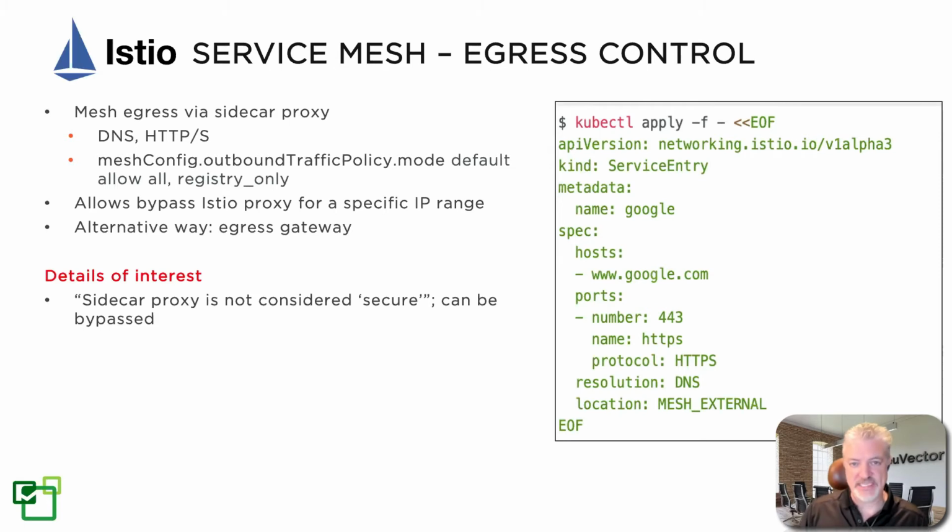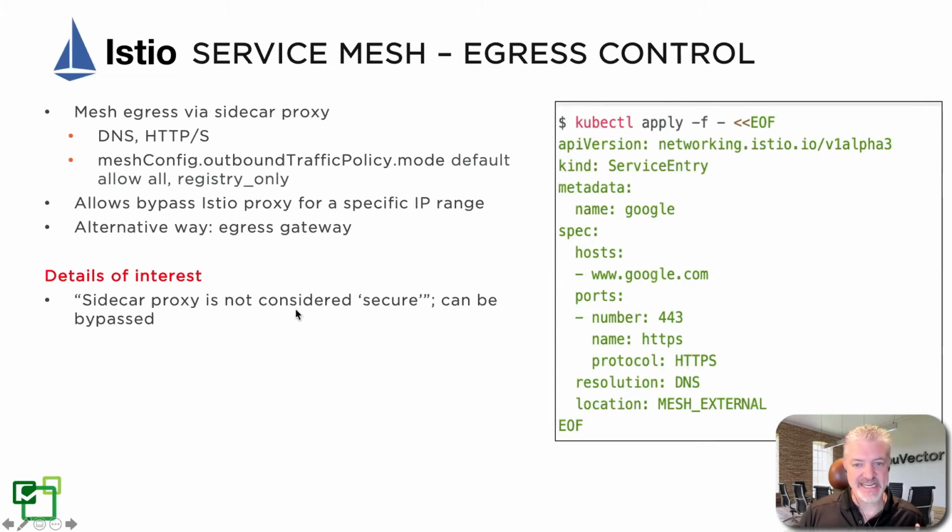Istio is really good with HTTP and HTTPS, right? As far as protocol detection. Other protocols, not so much. The reliability around non-HTTP protocols drops significantly. And I've seen environments where they're only using the service mesh for those protocols.